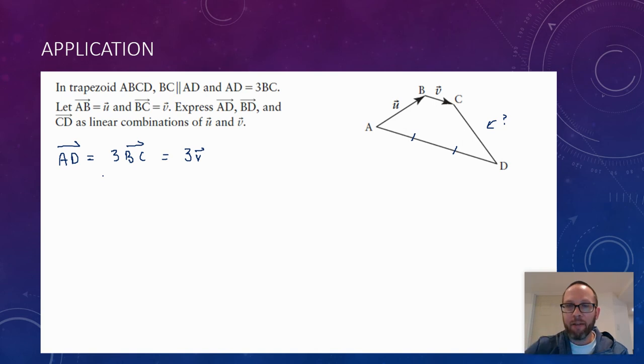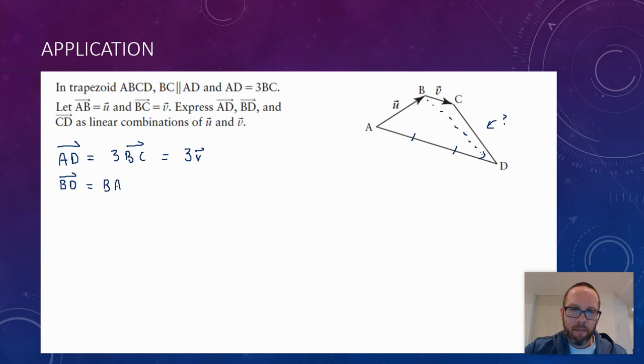So next, we're going to do BD. We don't know any information about CD, right? So we're going to express BD in terms of things we do know. We'll get a little bit creative here. I hope you guys would agree, to go from B to D, I could go from B to A and then A to D, right?